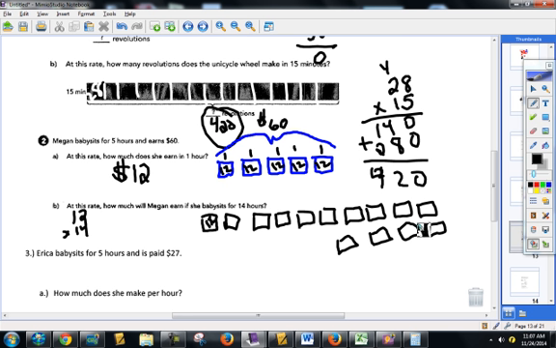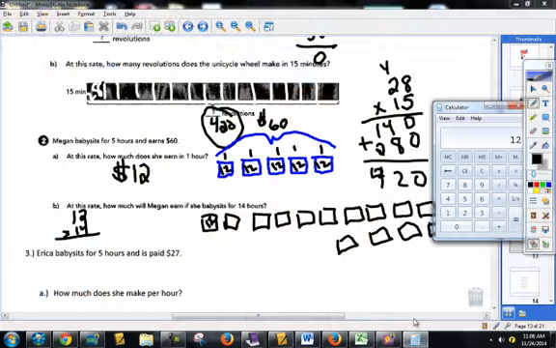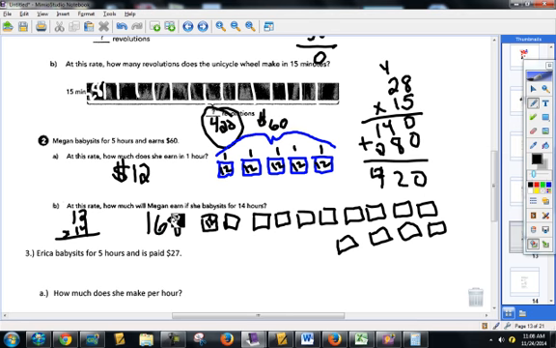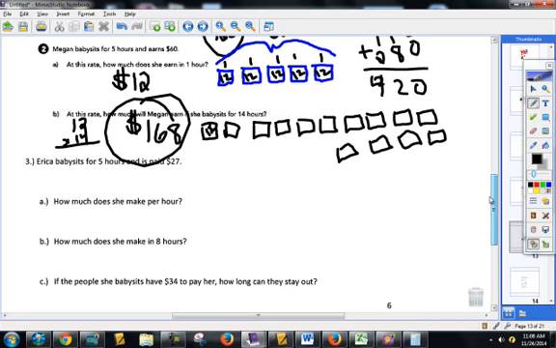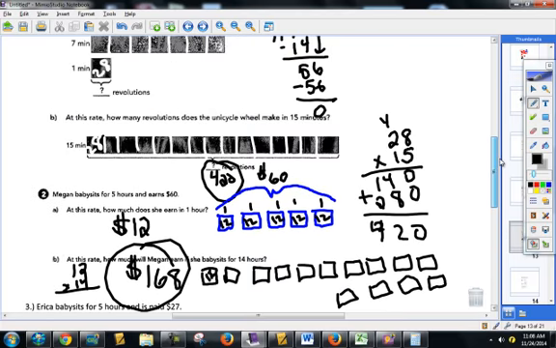So again, you could add them all up or just do 12 times 14, and you end up getting $168. Okay? So pretty easy. The model should just lay it out there for you. Okay? There are going to be parts of the test where you have to model. Okay? So just understand that.